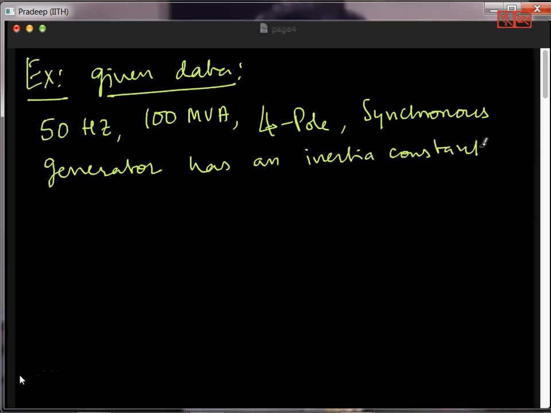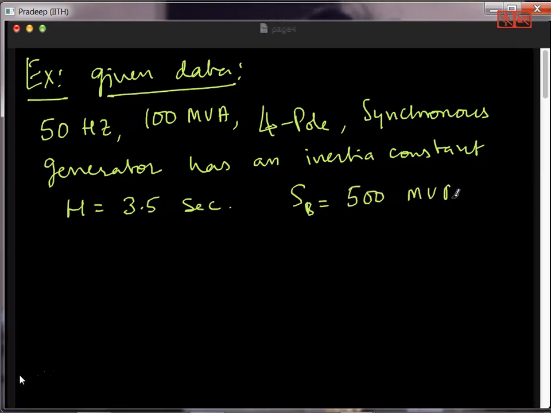So inertia constant means H. So H is 3.5 seconds. So system base, S base is nothing but 500 MVA. So you notice that the machine base is 100 MVA, whereas the system base is 500 MVA.